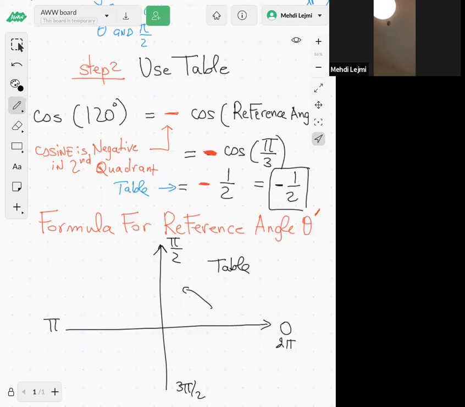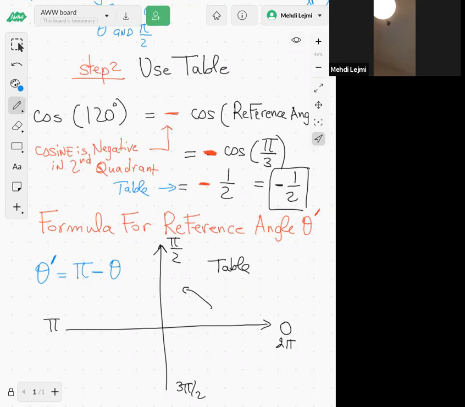In the second quadrant, the reference angle theta prime is going to be equal to pi minus theta. The idea, guys, is that your reference angle is going to be an angle between 0 and pi over 2. Because theta is less than pi, less than 180, you are in the second quadrant. So when you do pi minus your angle, you get something less than 90 degrees.